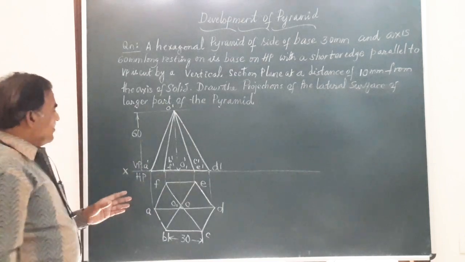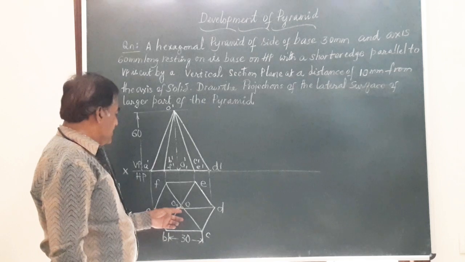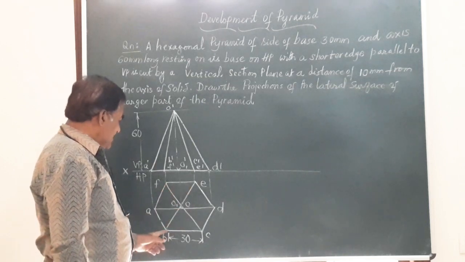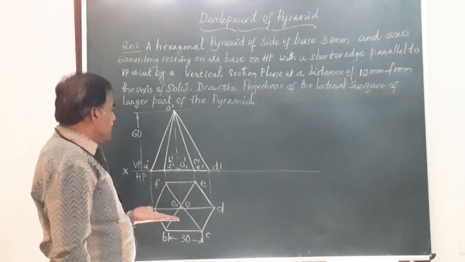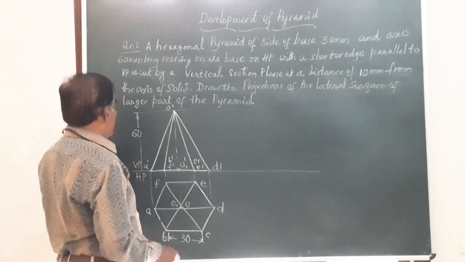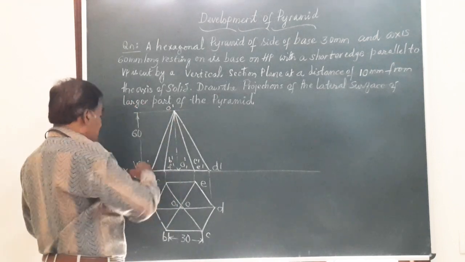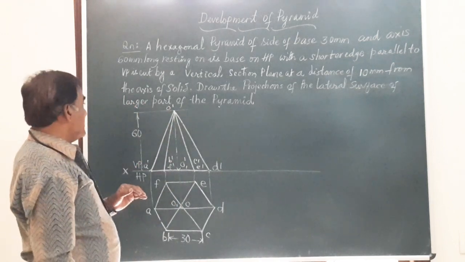Friends, we have placed the hexagonal pyramid on HP, such that one of the edges, either BC or FE, is parallel to VP. And the front view you have got here. In the front view, you have the height of the solid represented by this height, 60 millimeters.